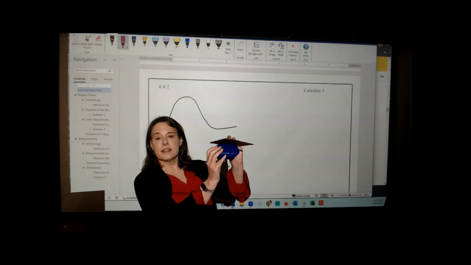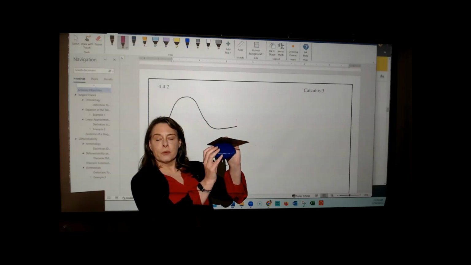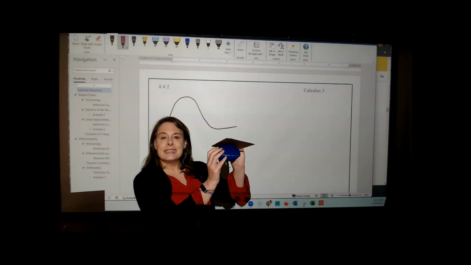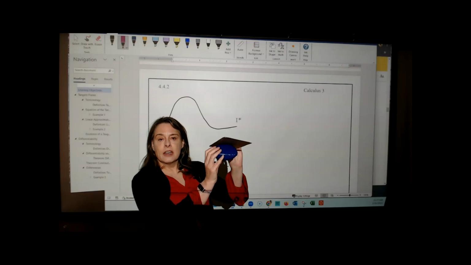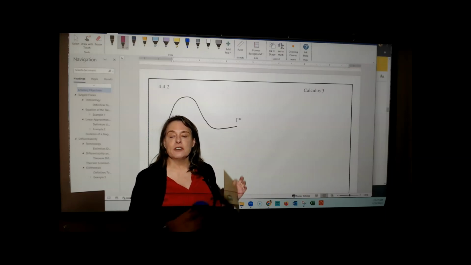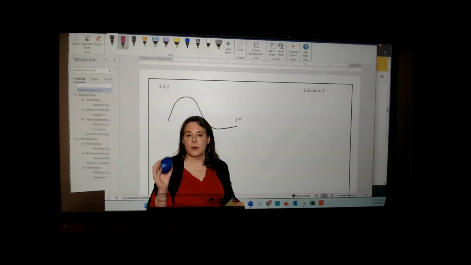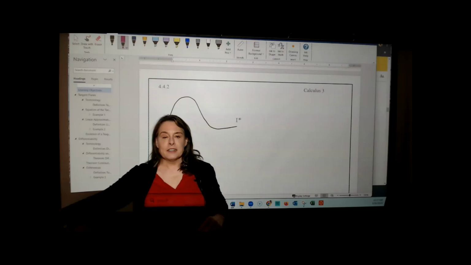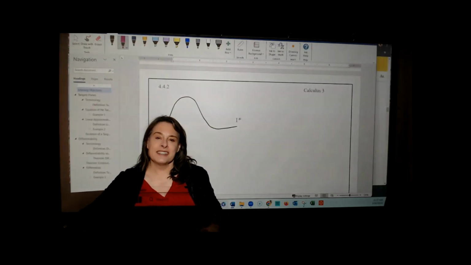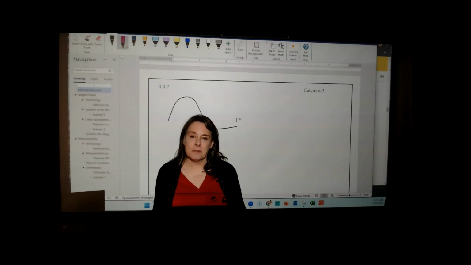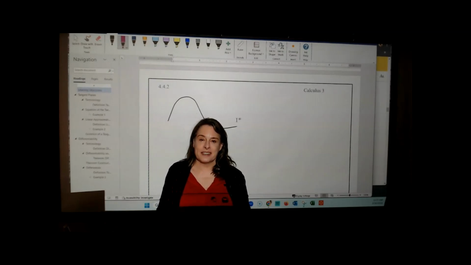And again, as long as I'm very close to the point where the tangent plane was calculated, then those should be decent approximations of the value that's on the surface. But the equation of the tangent plane could turn out to be much simpler than the equation for the three-dimensional surface. Let me share my screen with you, and we'll get started taking a look at tangent planes and linear approximations.